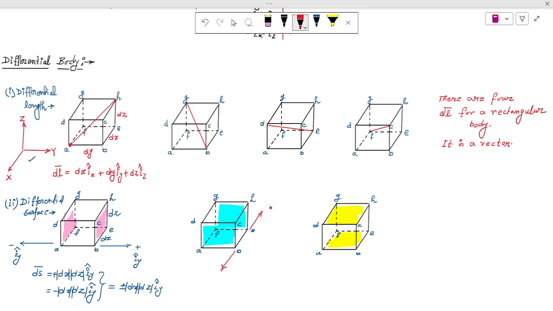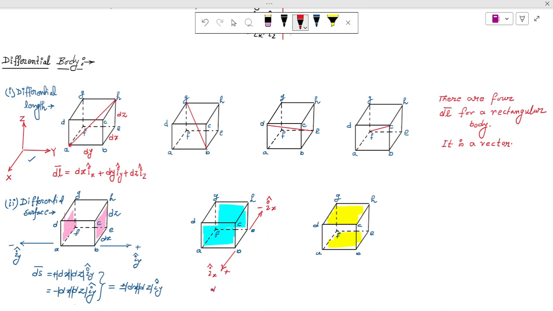So this is the x direction. If I consider this positive, the other will be negative.